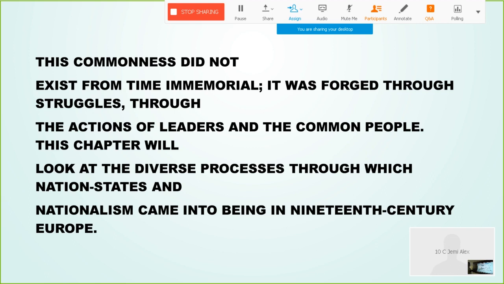In this chapter, we will look at the diverse process in which Europe moved into predefined territorial states, and how nationalism evolved in the 19th century.